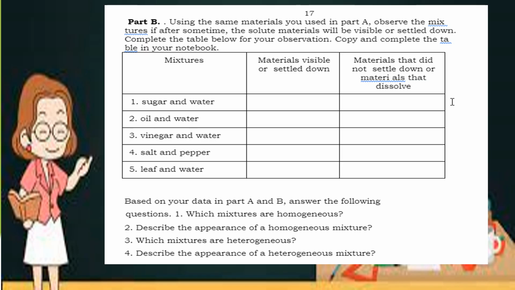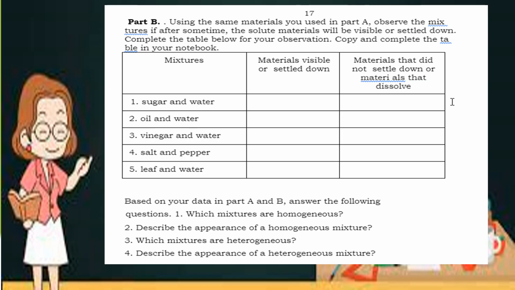So this one, you're going to copy the words here and then put them in the blank table. Is the sugar and water material visible or settled down, or materials that did not settle down, or materials that dissolved?